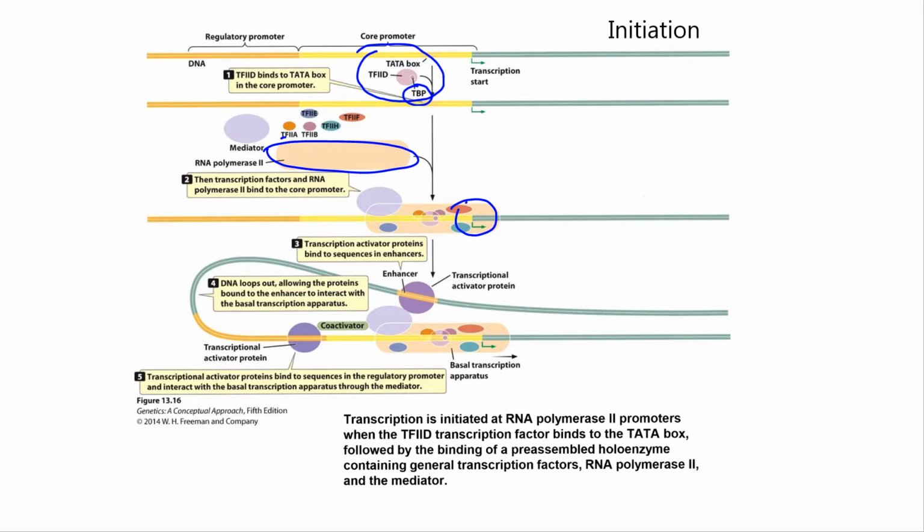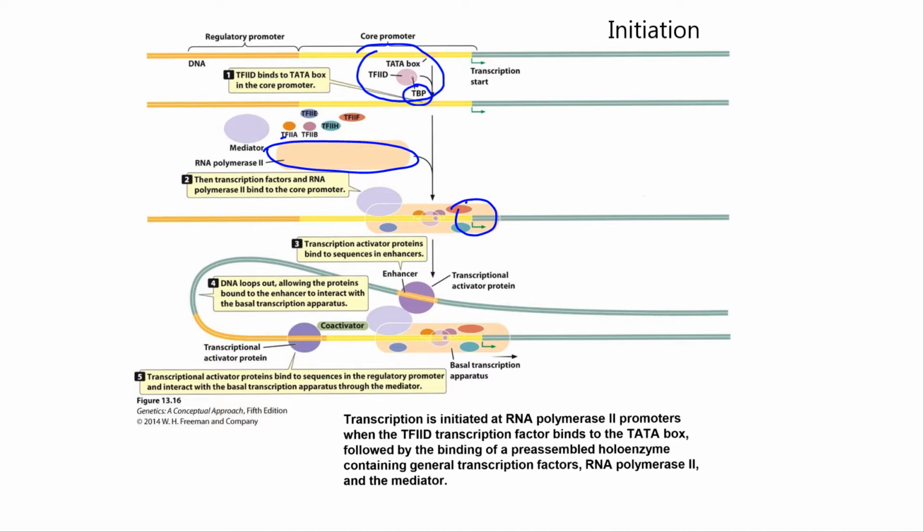Once the open complex is present, RNA polymerase starts to transcribe. As we mentioned, this basal transcription apparatus and RNA polymerase are necessary to initiate transcription. However, they are not sufficient to accomplish successful, fast transcription of the genes.